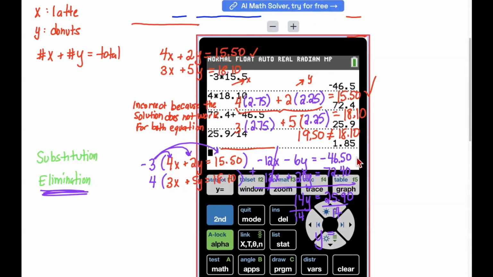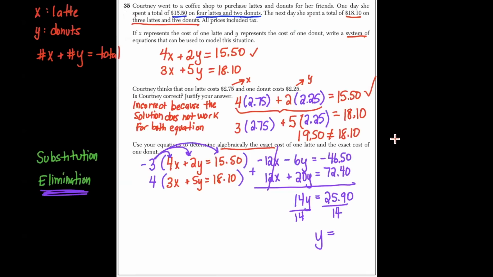My answer here is $1.85. Again, if we recall, that was the price of the donut, which was y. So I'm halfway done, as I still need to figure out my x value. Now how do I do that?